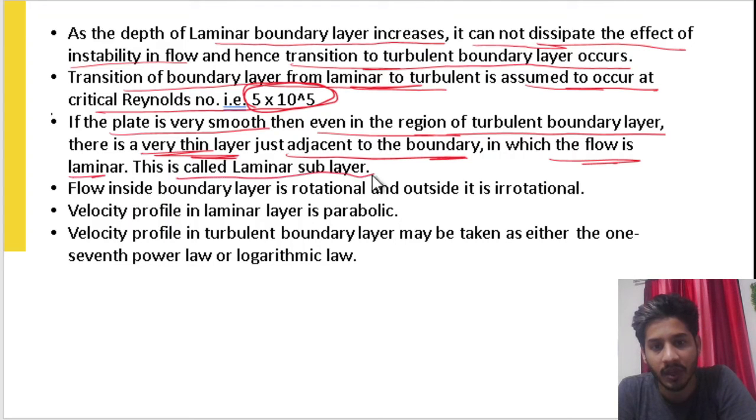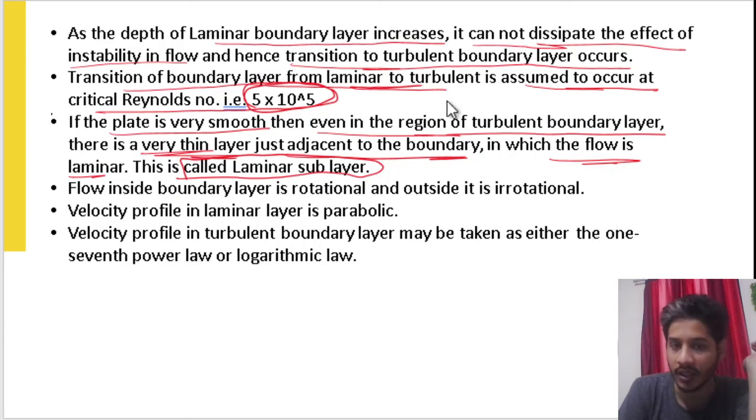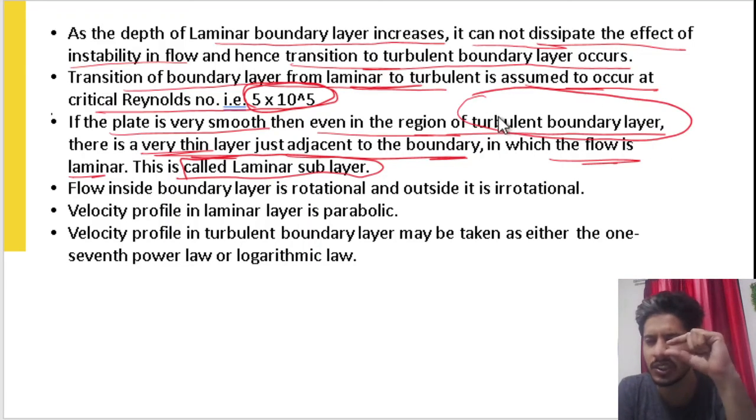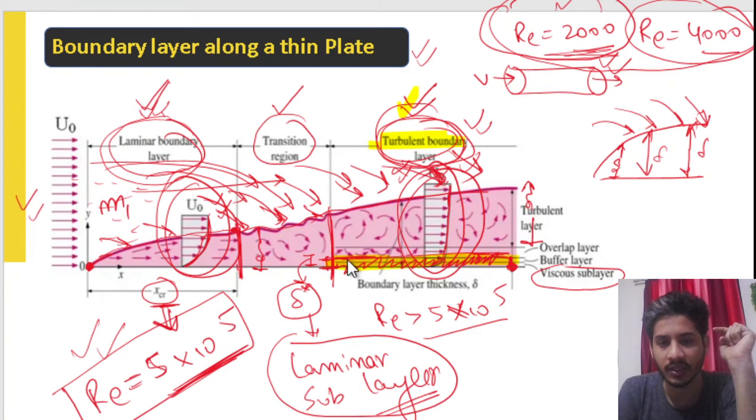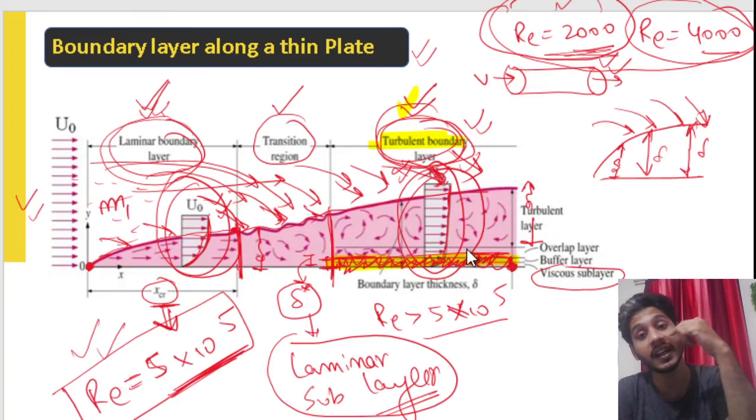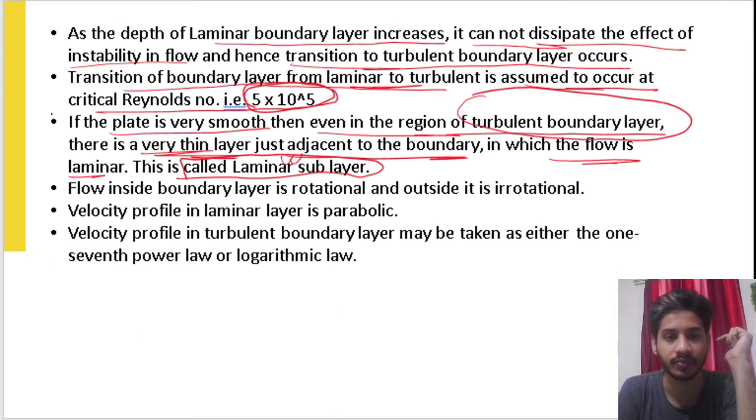This is called the laminar sublayer. You can see this part I'm talking about. This is the laminar sublayer and it exists in the turbulent boundary layer.